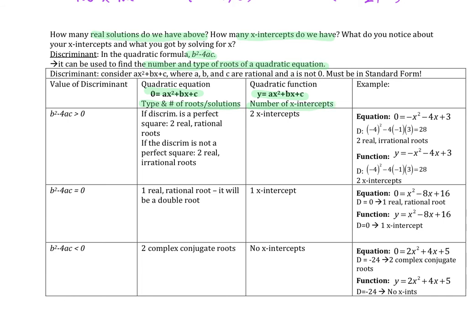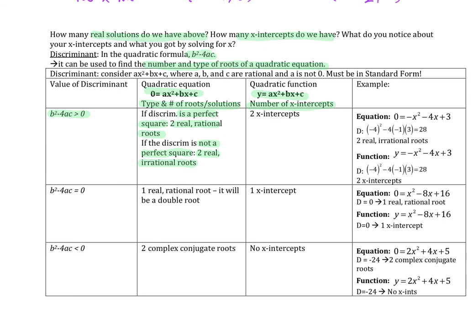So I have this broken down a little bit. If the value of the discriminant is positive, so if it's an equation and the discriminant is a perfect square, you end up with 2 real rational roots. If the discriminant is not a perfect square, you end up with 2 real irrational roots.